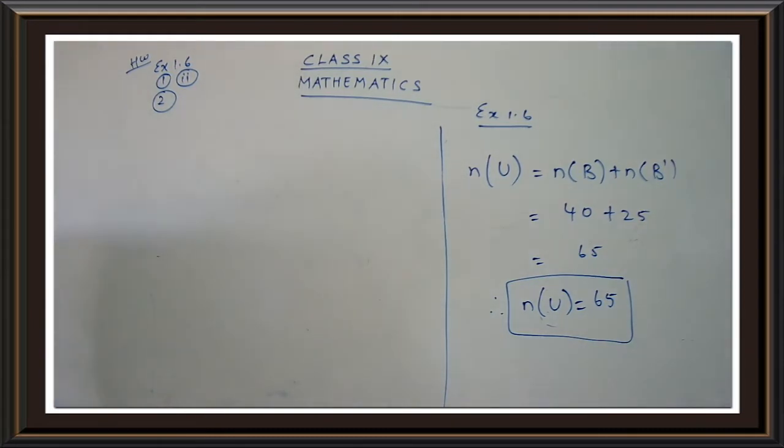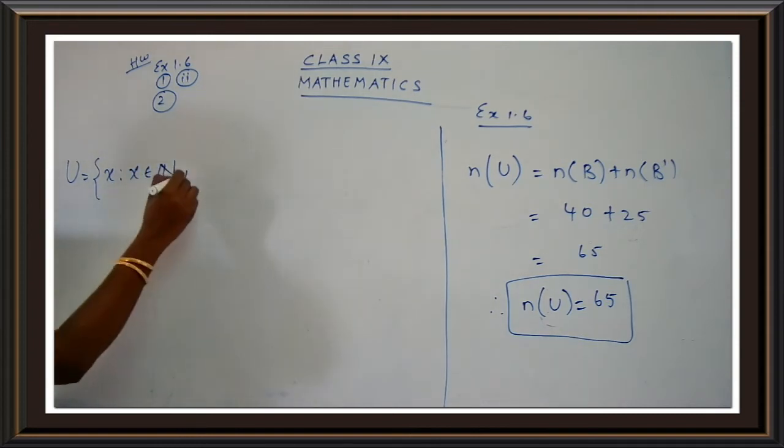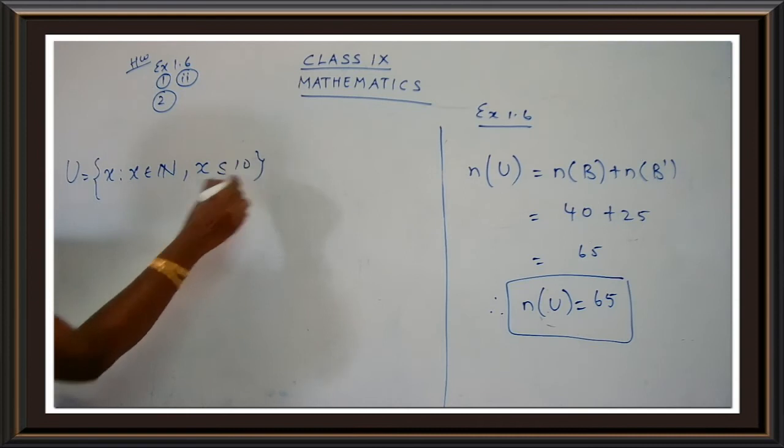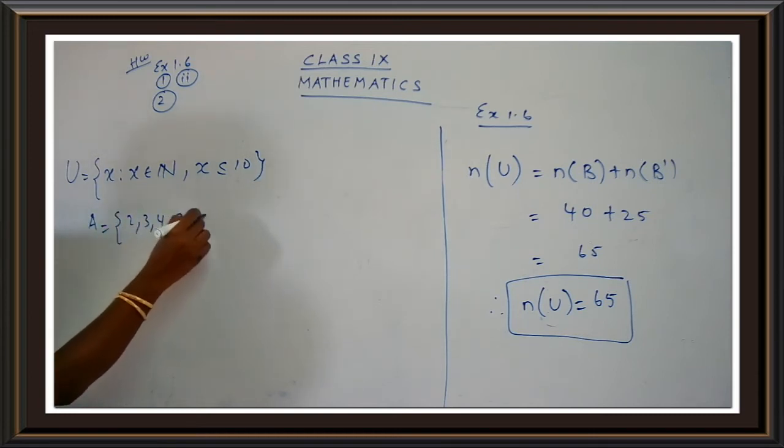Okay. Now just see for sum number 2. Now in sum number 2, you have been given a rule form for U. What is U given to you? X such that x belonging to N, x is less than or equal to 10. This is for U, and they have given the sets A and B directly. So A is equal to 2, 3, 4, 8, 10. Okay?